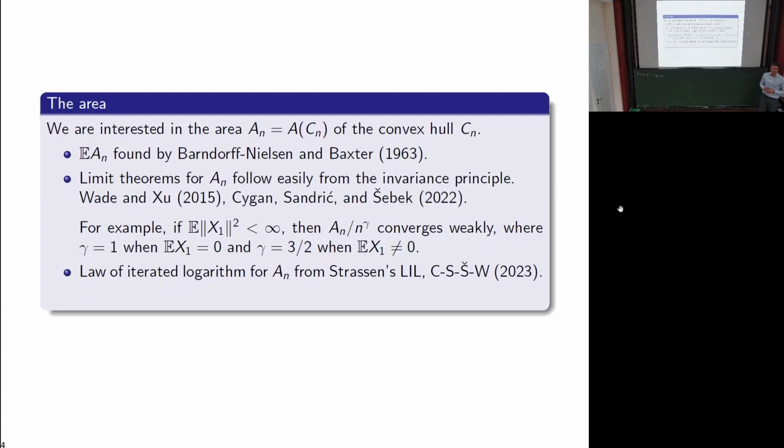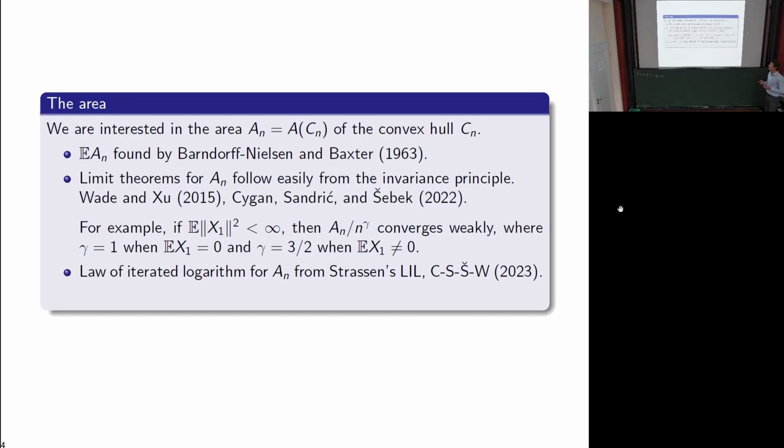And in this talk, I look at the remaining reasonable characteristic, which is the area. So for the area, let's denote it by A_n. We can find explicitly the expectation. It's a similar type of result, similar to that of Spitzer and Widom I mentioned on the previous slide.